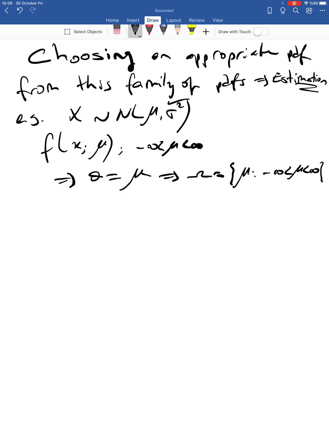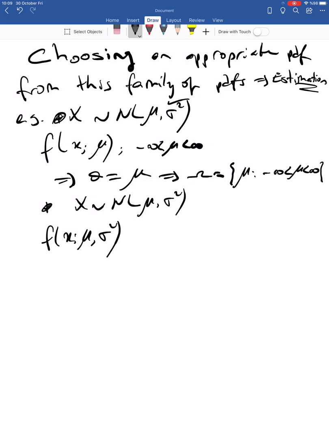Consider another example. Let's say we have a normally distributed random variable with mean mu and variance sigma square, and this time the two parameters are unknown. Then we have the PDF like that, and the ranges for the unknown parameters are like that.